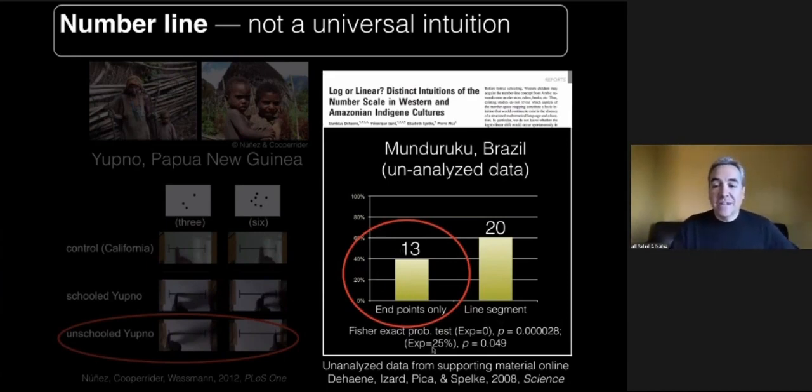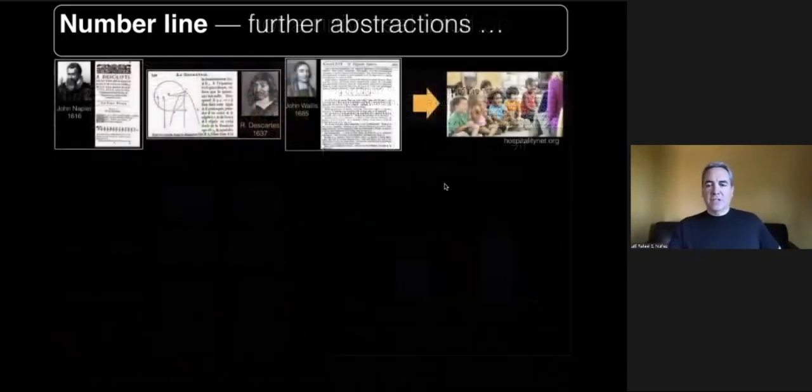Even if you tolerate up to 25% of humans, for some reason, not having that intuition, this many in that study is still statistically significant. But unfortunately, this data was not analyzed, was put aside, treated as random noise, and was left alone, but it matches totally the results we obtained in Papua New Guinea.